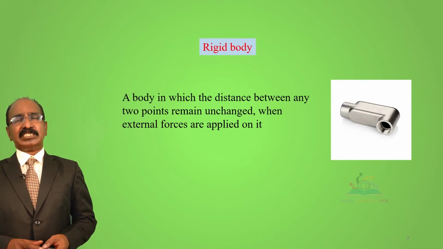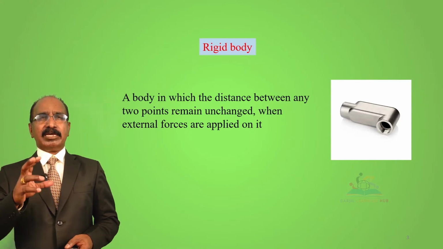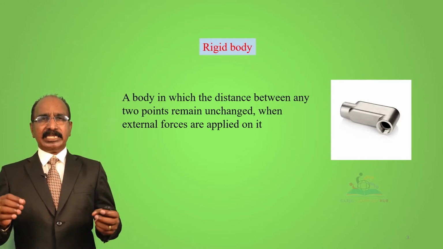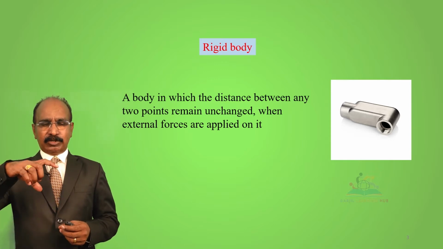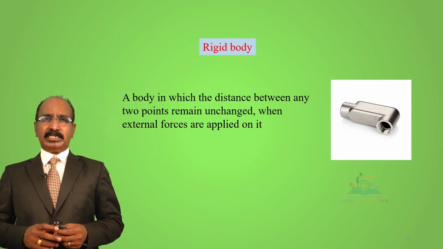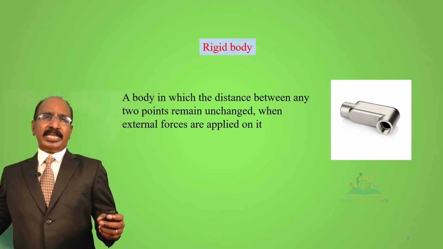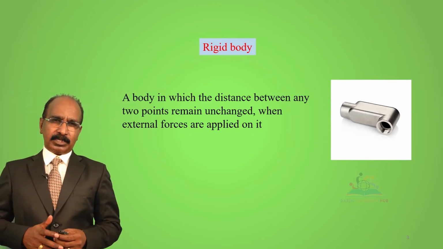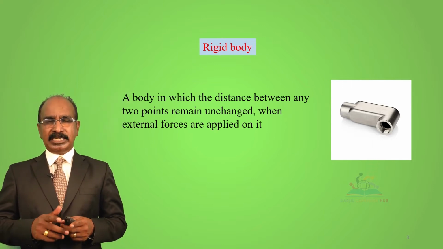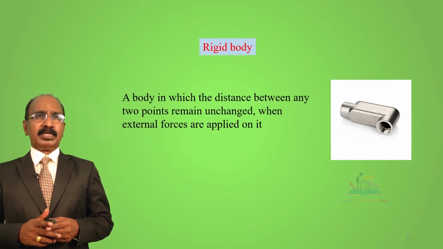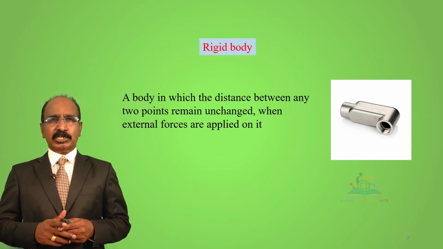Now you see this figure. We have a body there, and in the body you mark 2 points and you measure the distance between the 2 points. Now you apply an external force on the body. If there is any change in the distance, we don't call it a rigid body.